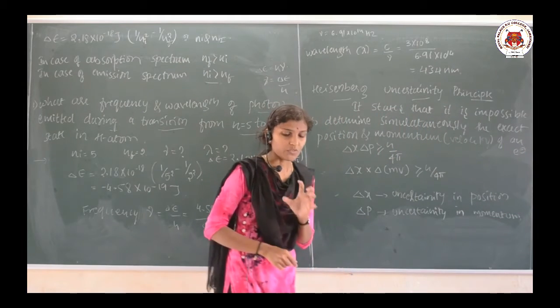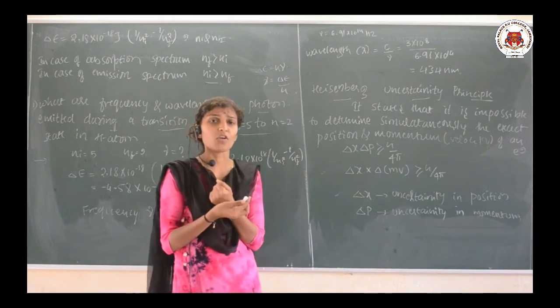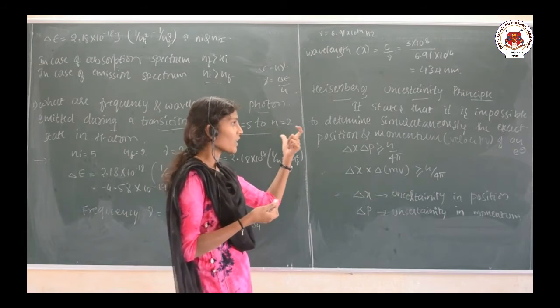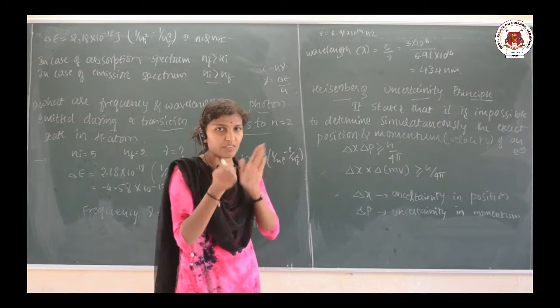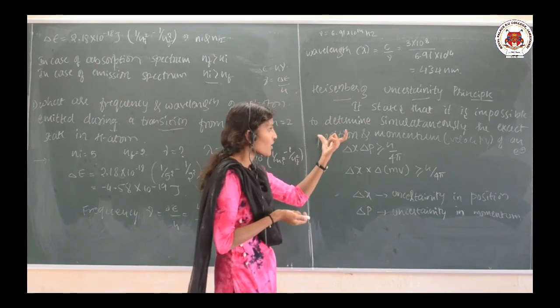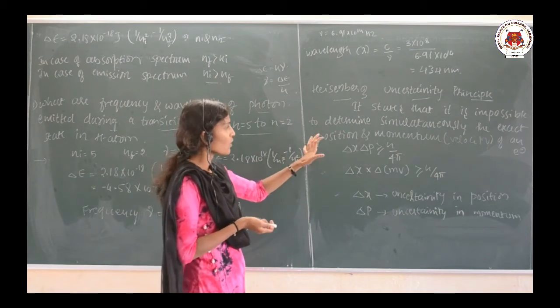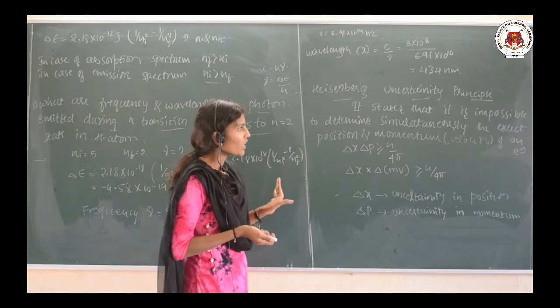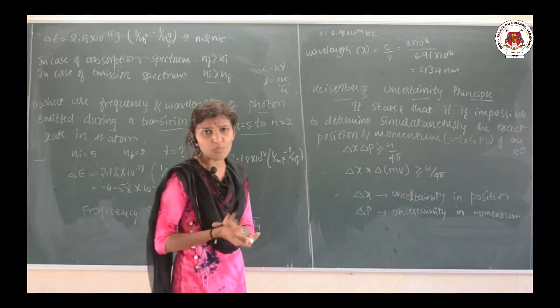Suppose an electron is there, we cannot find exactly, that is simultaneously, at the same time, its position and its velocity. Velocity and position we cannot find out simultaneously, it is impossible.